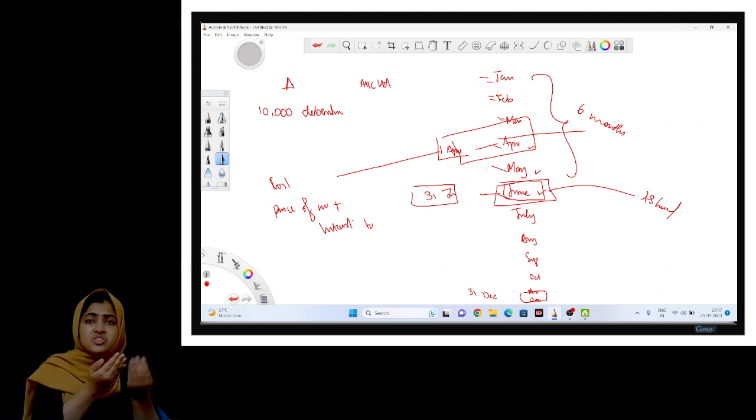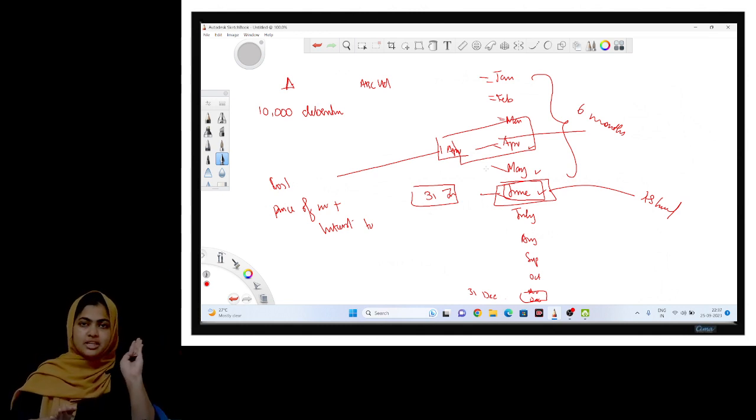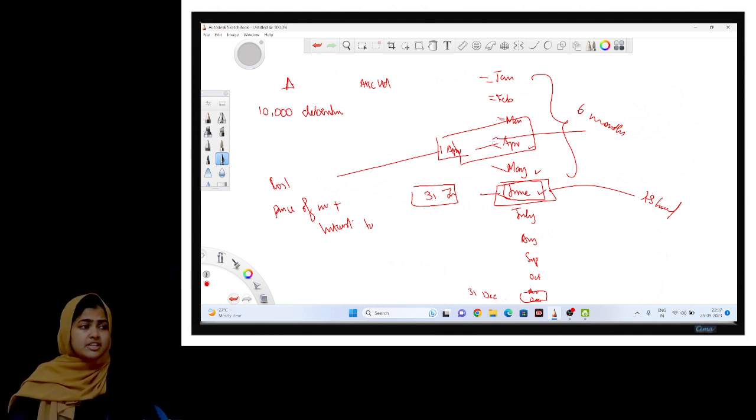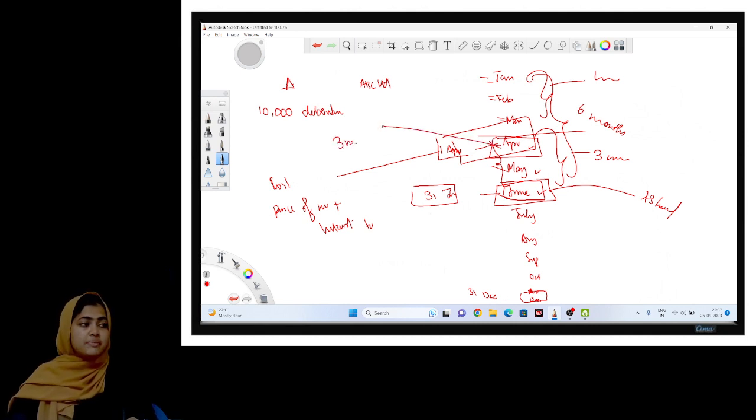Here, our deserving income is only for 3 months, and for the other 3 months, the income belongs to the other person. So when I am purchasing the debenture on 1st April, the 3 months interest I have to pay to the other person.